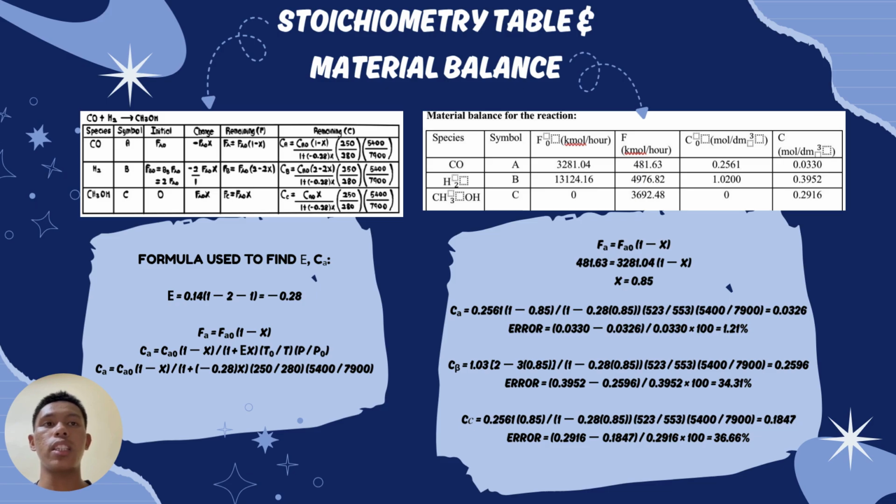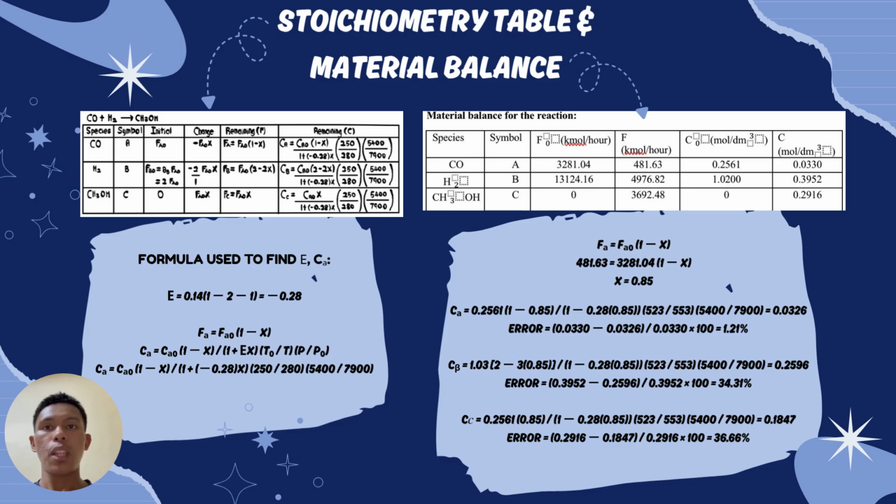So we consider the expansion factor because the temperature in and pressure in are not equal to the temperature out and pressure out. So how do we find the remaining in terms of concentration? First, we find epsilon, which is 0.14 in bracket 1 minus 2 minus 1, and we get negative 0.2X.